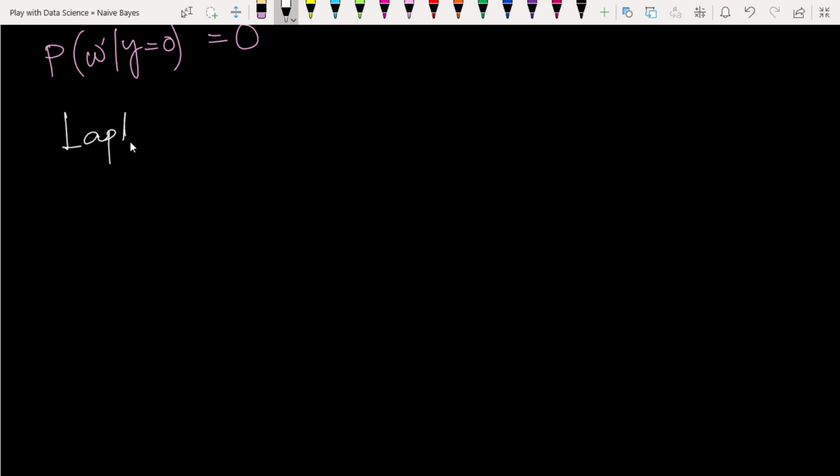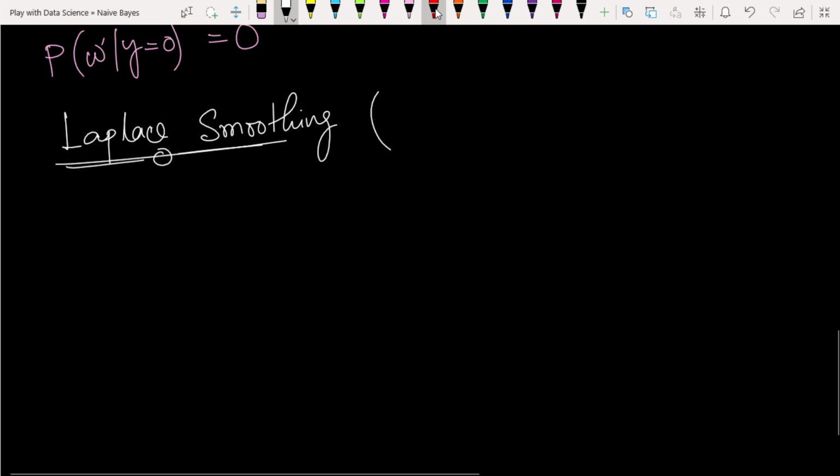So let's see what Laplace smoothing is. Don't confuse Laplace smoothing with something else. When we went through the image processing chapter, we saw something called Laplacian smoothing.